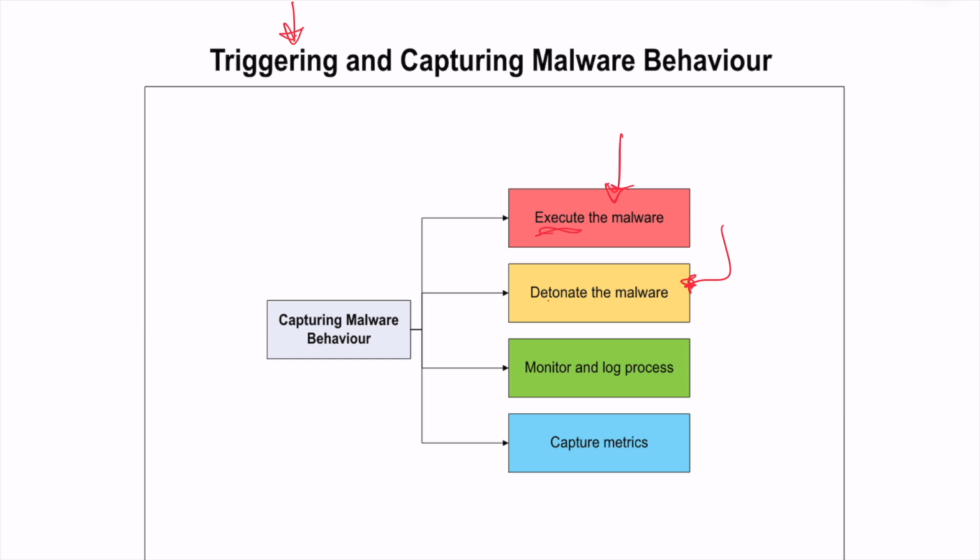How are execute and detonate different? Detonate can mean different things in cybersecurity language, but in this context, usually it means the same. But let's expand on it, because you're going to see detonate more often than I think it should be used. So what could detonate mean to a cybersecurity person?